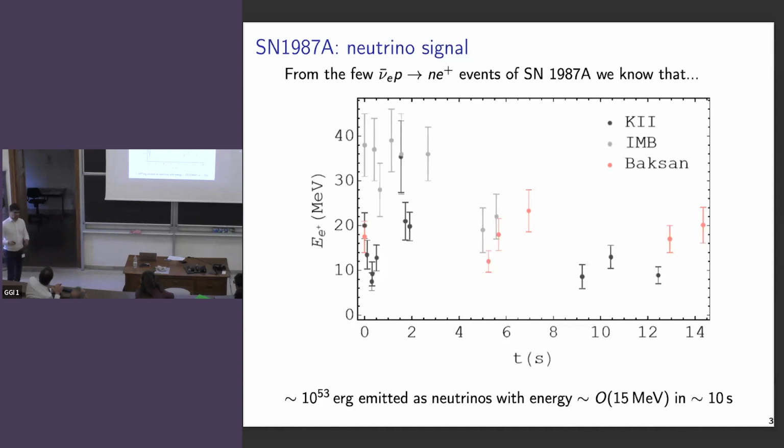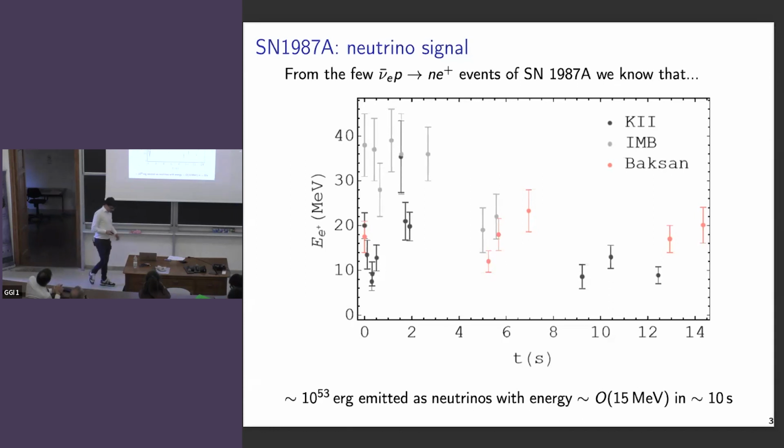Indeed, in February 1987, there was the so-called supernova 1987A, which is the milestone for supernova physics, since it is the first and only event from which we detected supernova neutrinos. Actually, we observed a bunch of events through 3 different water Cherenkov detectors: Kamiokande, IMB, and Baksan.